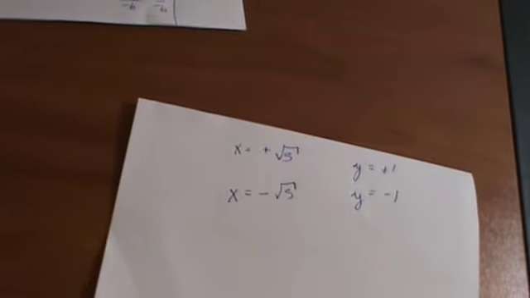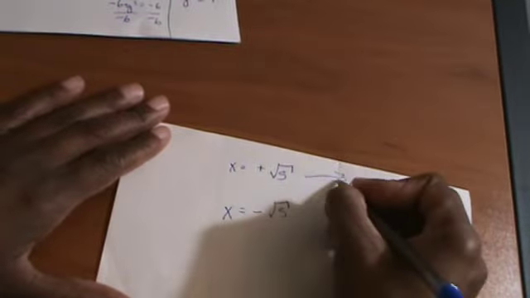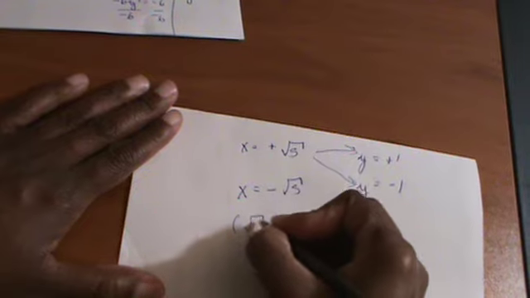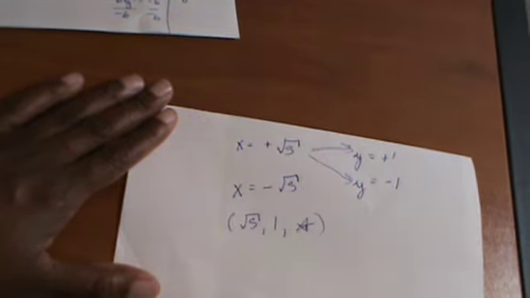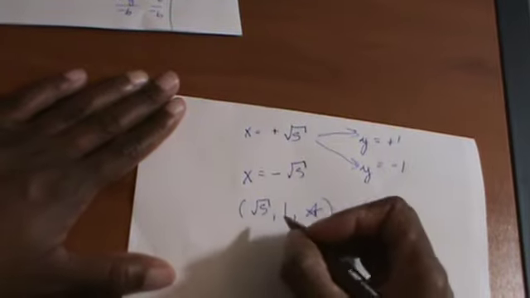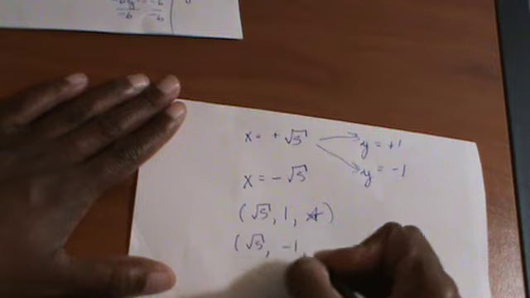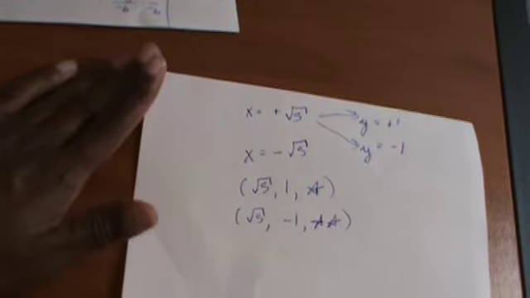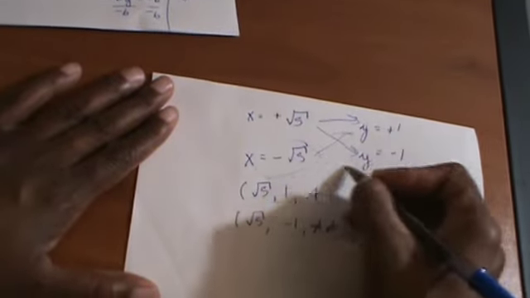So again, there's no defined grouping. So I'm just going to group that with that and that with that. So one of my points is going to be the square root of 5, 1, something, right? Another point is going to be the square root of 5, negative 1, something. Then I'm going to take this x value and do the same thing.